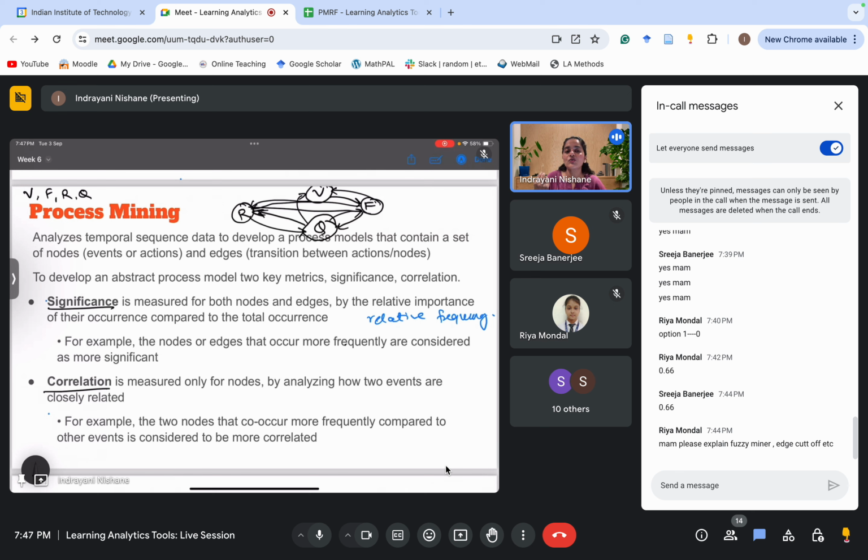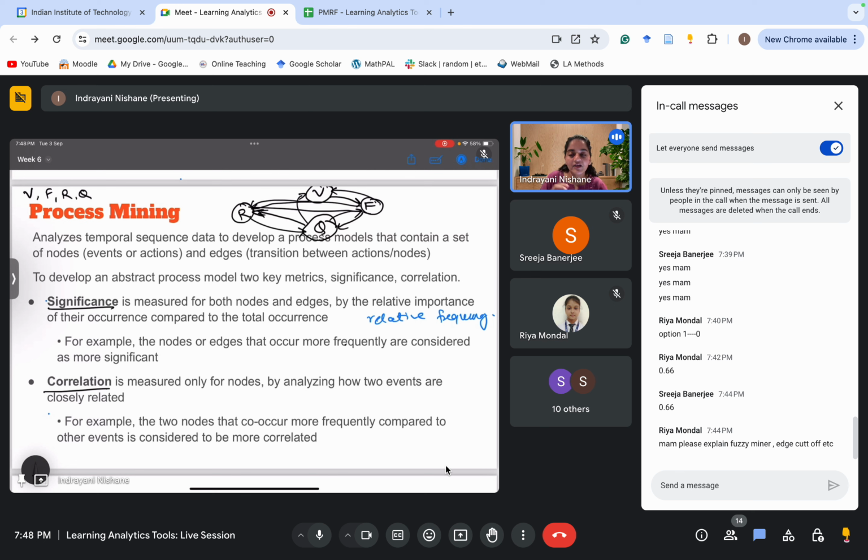Then there is something called the utility ratio, which is how much importance you are giving to significance and correlation. Generally, how we decide a node cutoff depends on its significance. We want only the nodes which have high significance to be part of our process model diagram. That leads to some abstraction: only actions which occur very frequently will be part of our final process model.